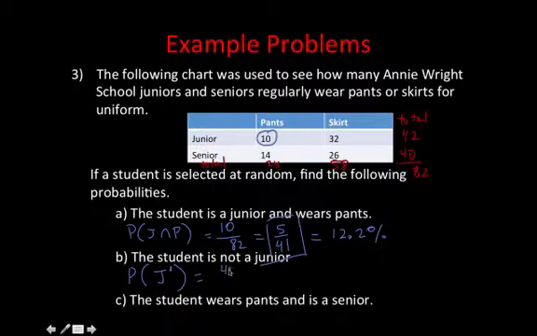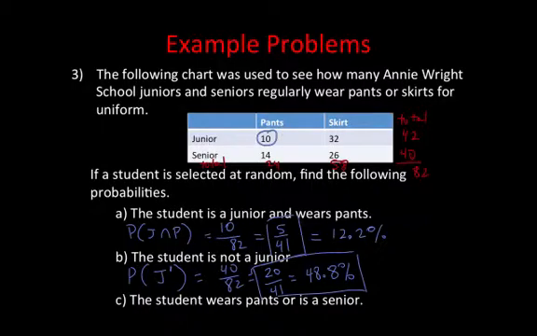So 40 out of 82, right? You could also do 14 plus 26 over 82, but we already found that it was 40. So 40 out of 82 is the probability that the student is not a junior, and I'm pretty sure we can simplify that as well. We can simplify it to 20 over 41. And if we want to put it into a percentage, we would put it as 48.8% in 3 significant figures.